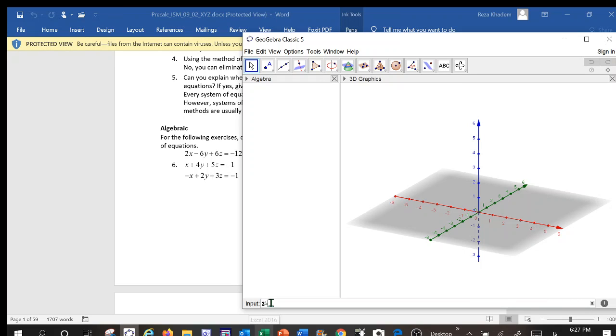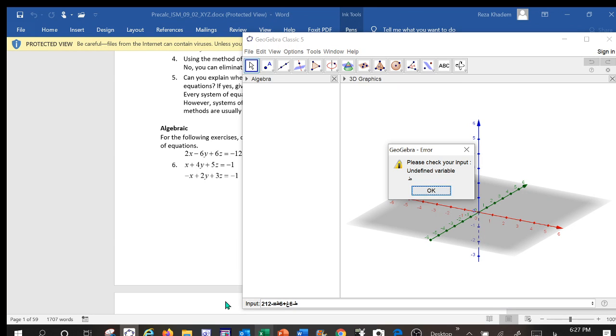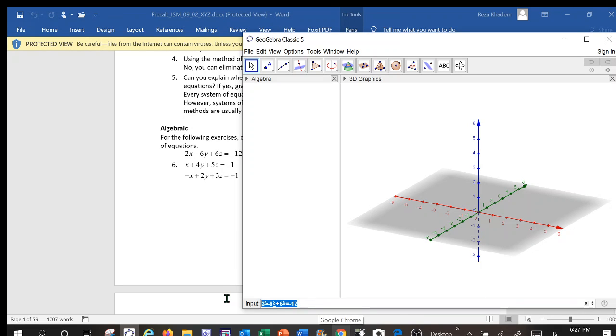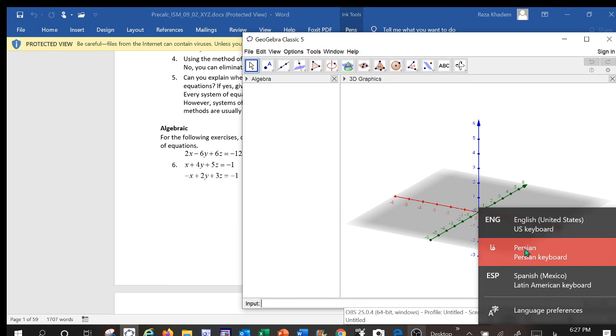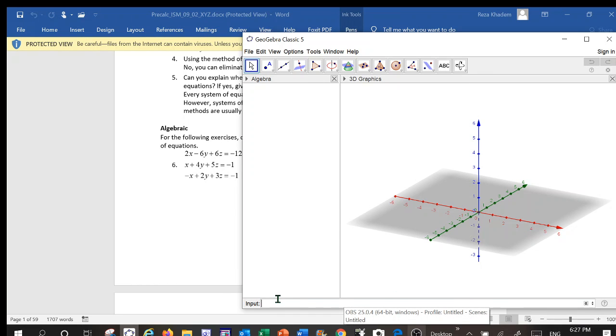2x minus 6y plus 6z equals -12. Oh, what am I doing? My keyboard language is off. There we go.